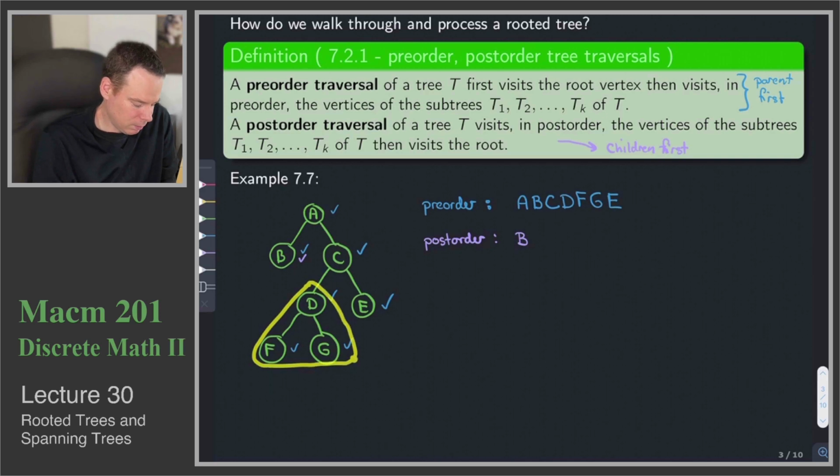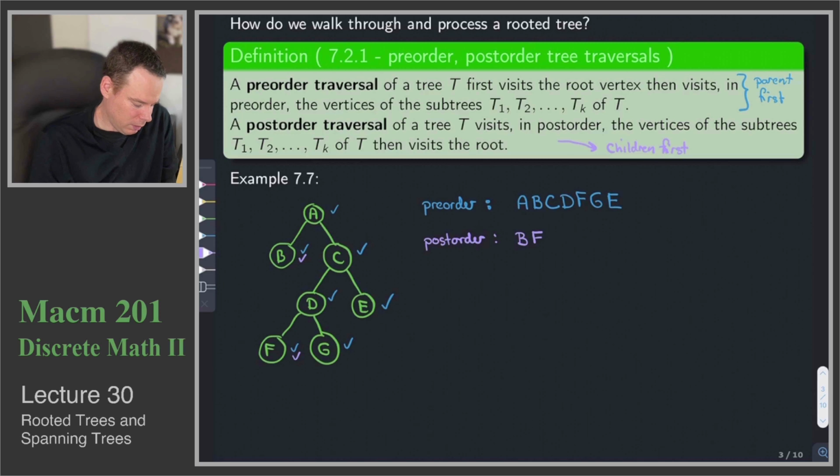But in order to do that, I have to process the subtrees of its children first. It has 2 children, and so I will process the subtree of the first child. And that child has no children, so it's the subtrees T1 and so on. There are none of them, and therefore I visit the root of that subtree first. And so that's the F.